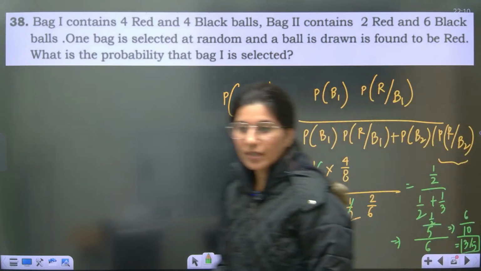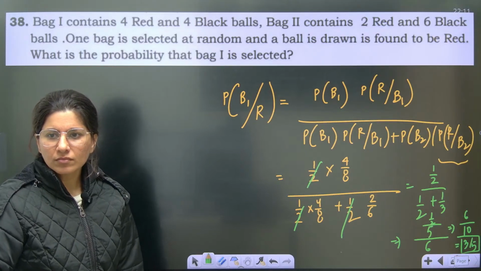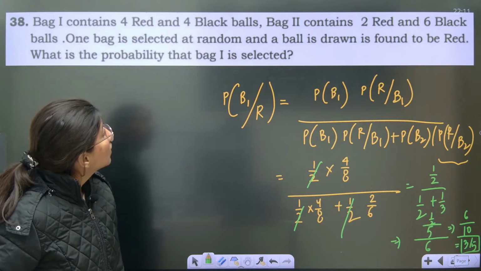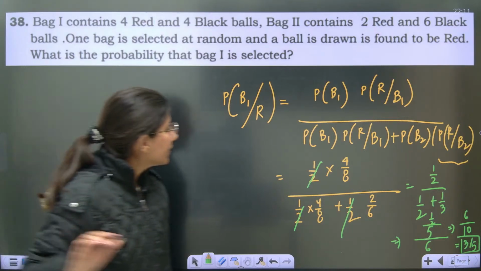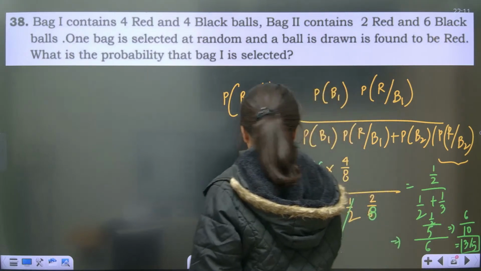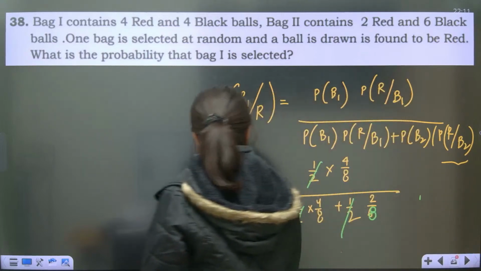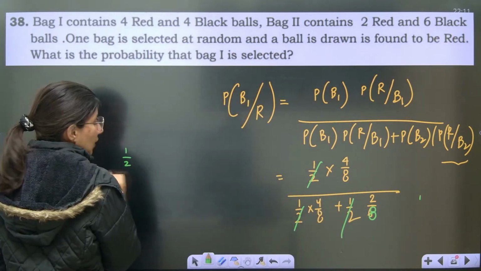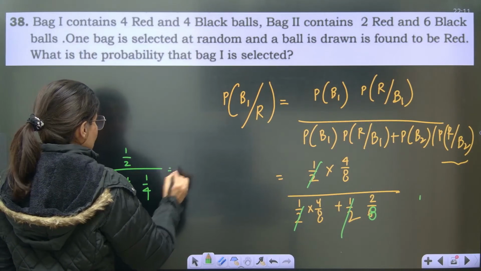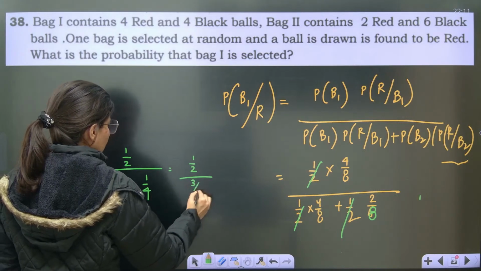The probability is coming out as, no guys, I am doing something wrong. Am I doing something wrong? Oh guys, sorry, this is 8, right? This is your 8. That is why it is not correct. So now this is 1 by 2 upon 1 by 2 plus 1 by 4. So if you solve it, this is 1 by 2 upon 3 by 4.